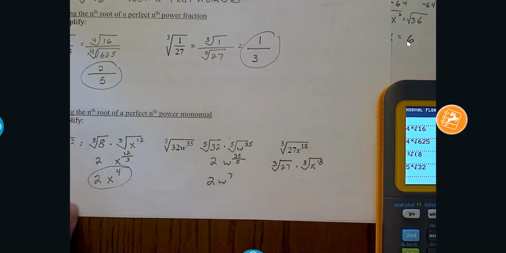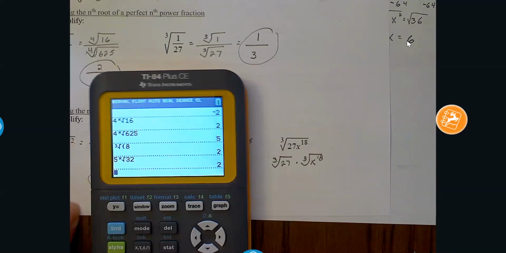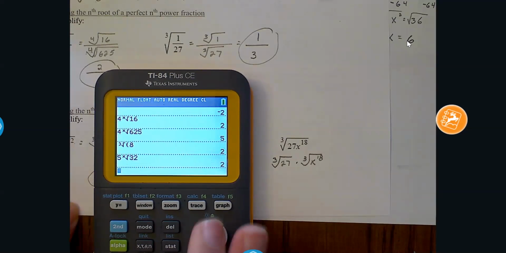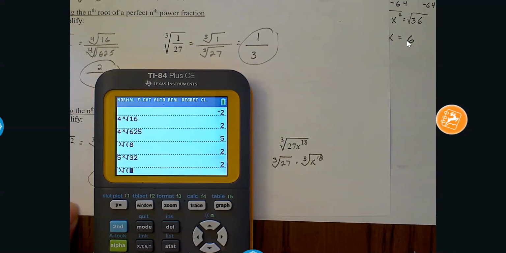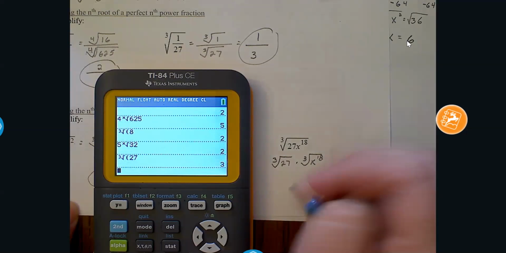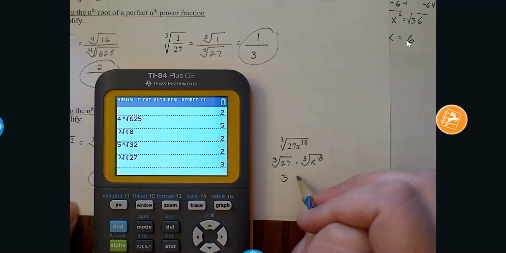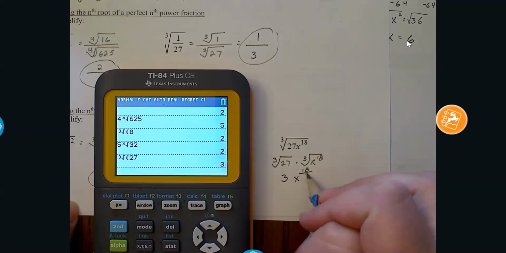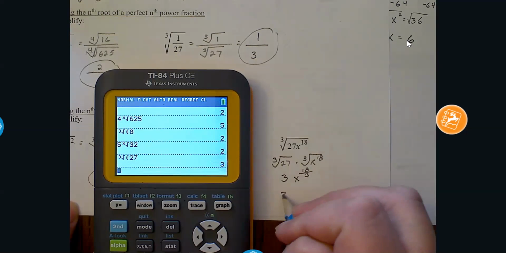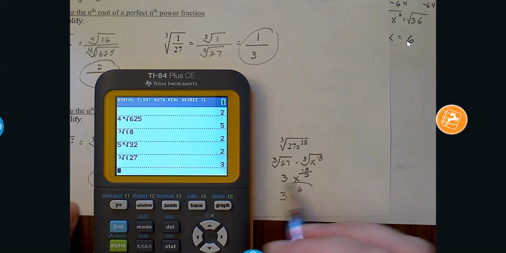And the cube root of 27, we look over here, we choose option number 4, the cube root of 27 is 3. And then the cube root of x to the 18th is really x to the 18th divided by 3. So this is going to be 3x to the 6th. Okay.